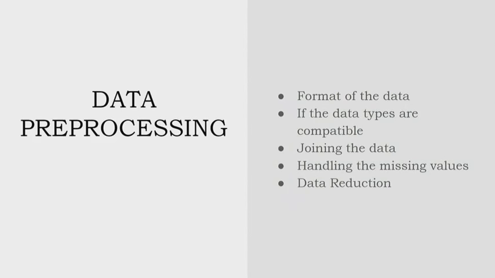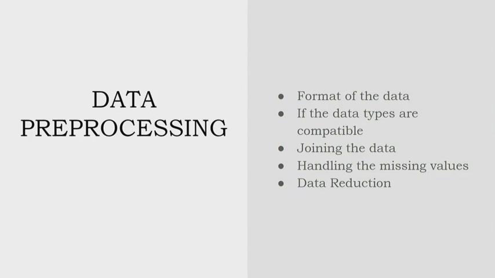Just to summarize, format of the data, that is important. Whether the data types are compatible: sometimes you might want some data to be present as an integer, but it is a string or some other value. So the data types are not really compatible, or if you want to predict something, but that's stored in some other format. All these things matter.